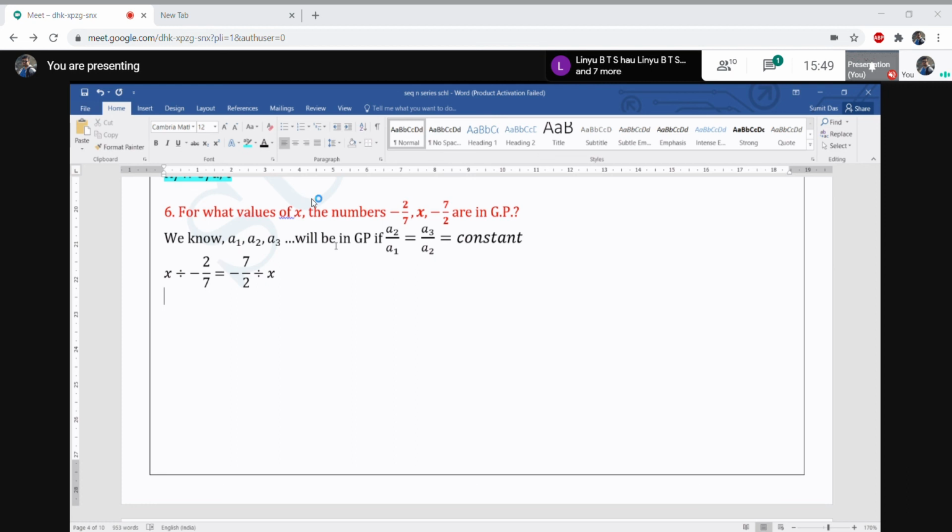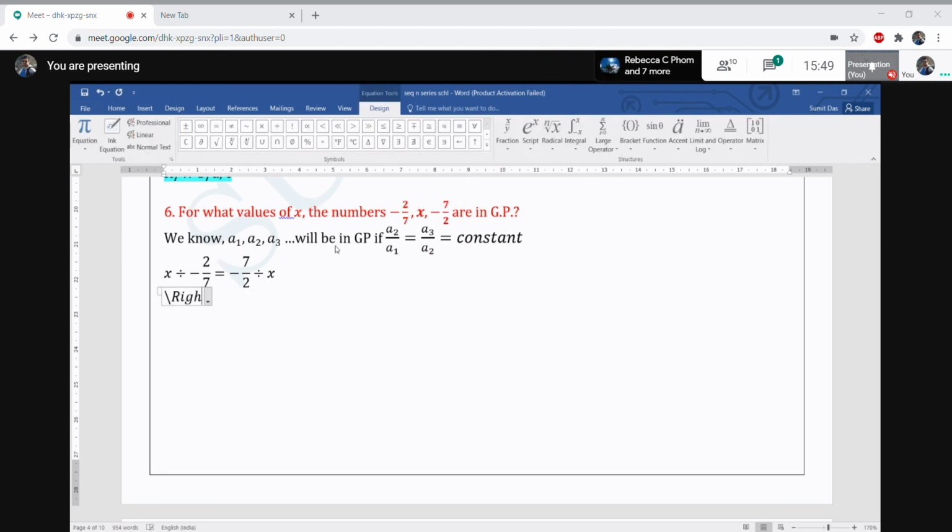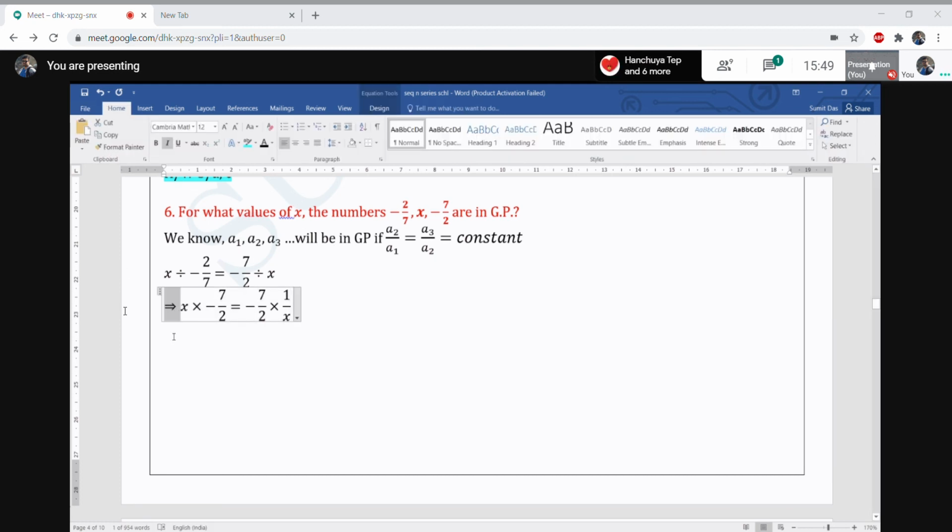Then the next line: x into minus 7 by 2 equals minus 7 by 2 into 1 by x. Simplifying the next line, it will be minus 7x by 2, and on the right hand side we are getting minus 7 by 2x, right? Fine.